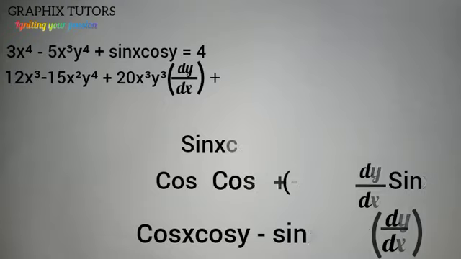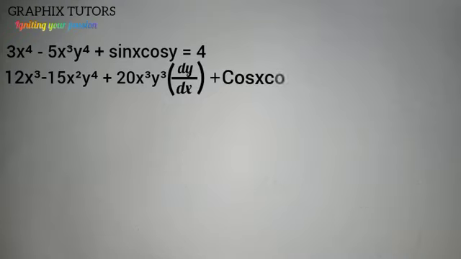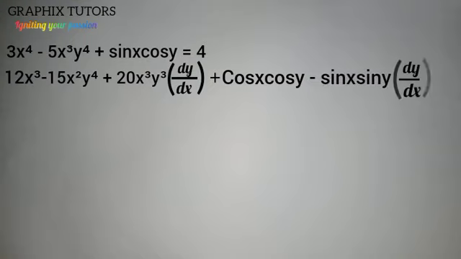So that minus is there because when you move from cos to sin, there will be a negative. But if you're moving from sin to cos, there's no negative. So equals 4. Now the 4, if you differentiate it, you have 0. Anytime you differentiate a constant, you're going to have 0, right?